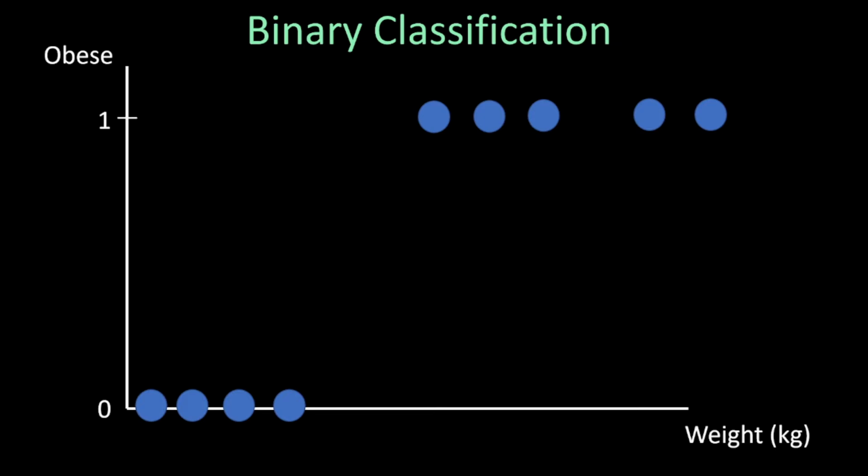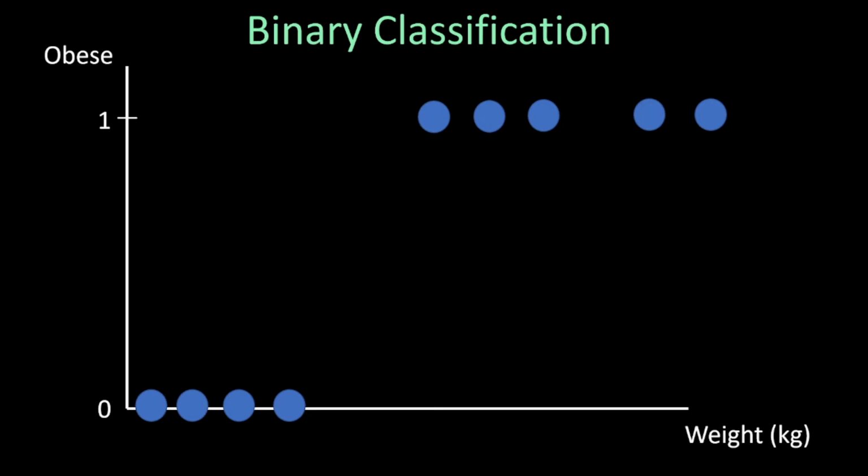So we're trying to predict whether a person or an animal is obese based on their weight. And here we're given some data points, right? On the x-axis, we have weight in kg, and on the y-axis, you see that it spans from 0 to 1.